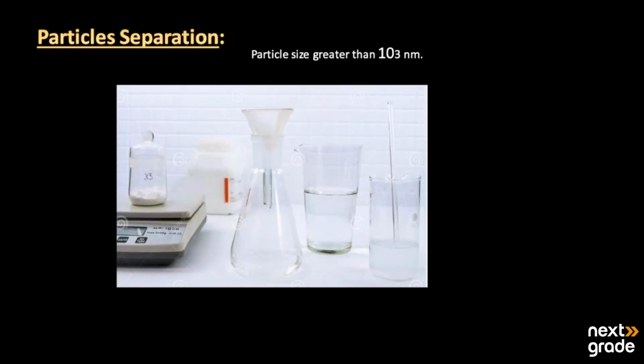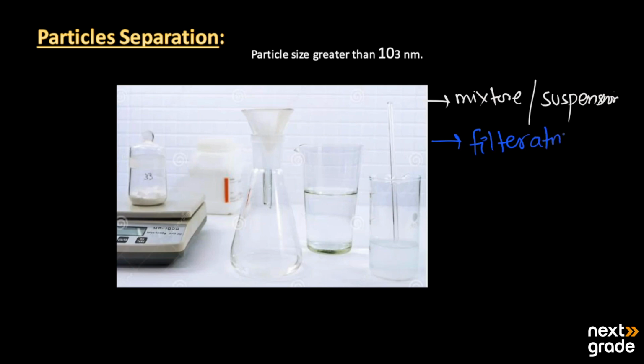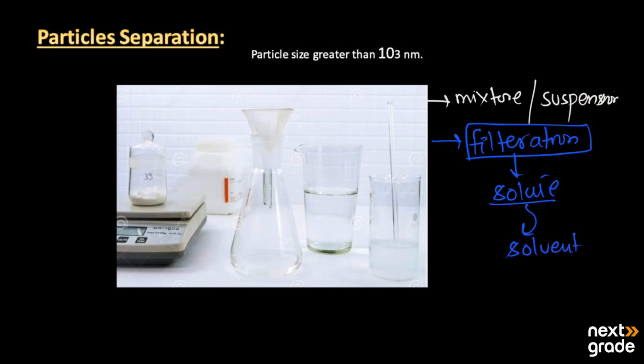Next we have particle separation: how can we separate the particles in a suspension mixture? The very simple method we can use is known as filtration. Filtration is a separation process in which solute particles are separated from the solvent by the use of filter paper.